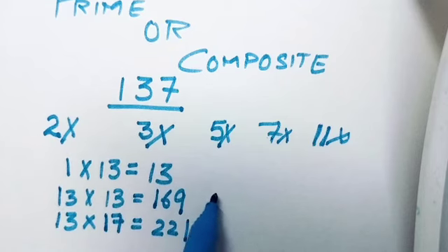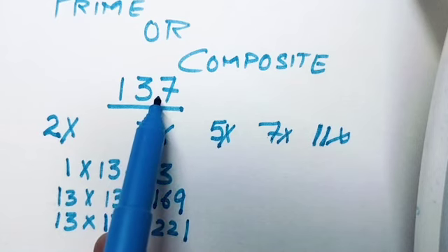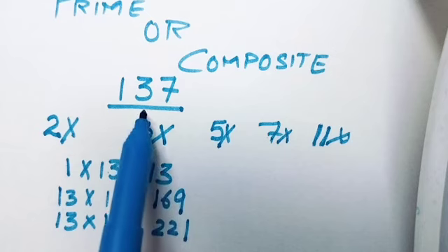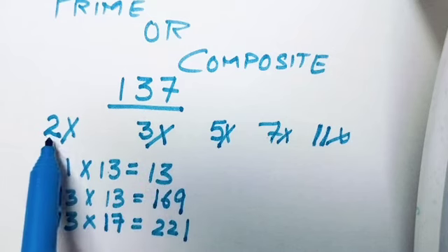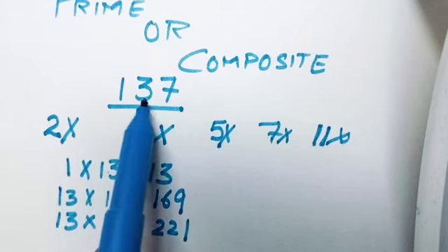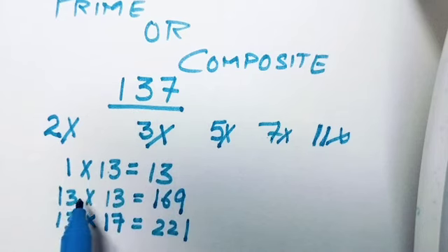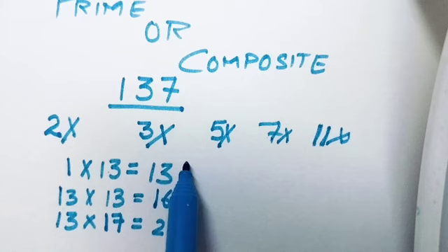So we have written 13's table till 17 and 137 has not come. 1 into 13 is 13. 2 into 13 would have 2 in it, and this number is not divisible by 2, so not by 13 even. So we need not divide it by 13.